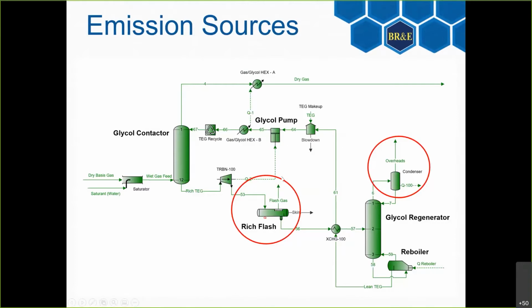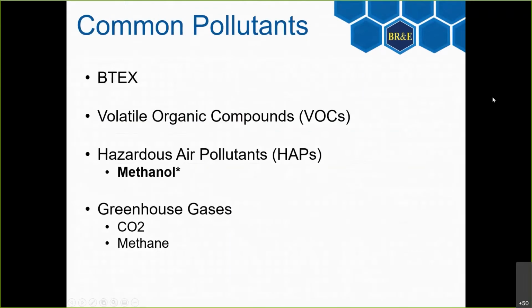The main spots where you'll see those hydrocarbons collect are in the flash gas of our rich flash tank, if one is present at your site, and the glycol regenerator, or you'll hear it called the glycol still, the overheads.